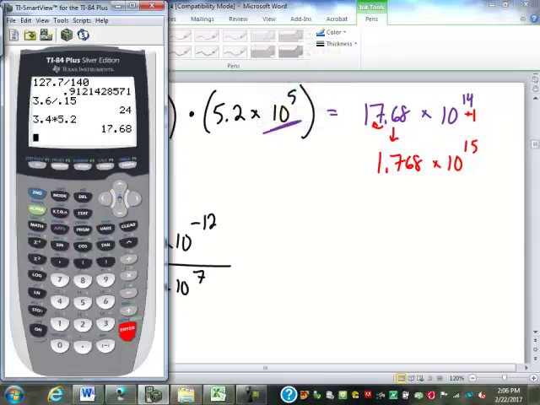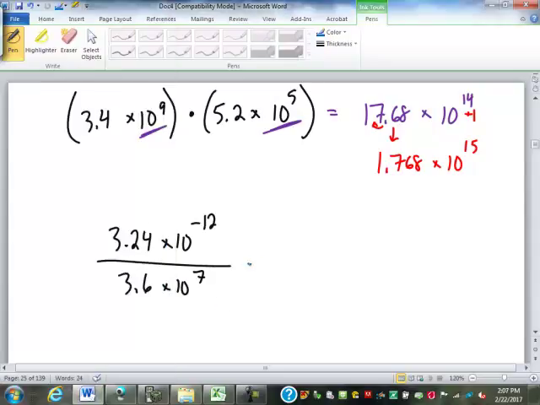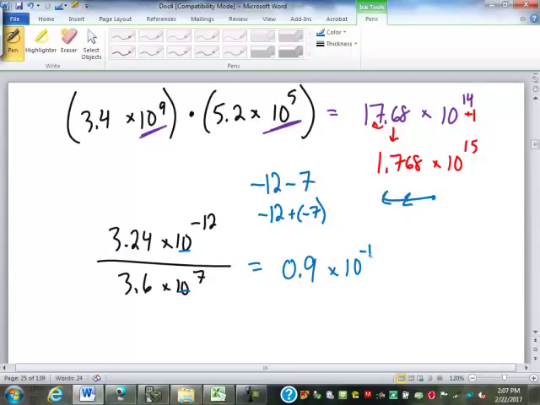So 3.24 divided by 3.6 is 0.9 times 10 to the, now when we divide exponents with the same bases, we subtract powers. This would be negative 12 minus 7, which is negative 12 plus a negative 7. So from 0, negative 12 and negative 7 make negative 19.